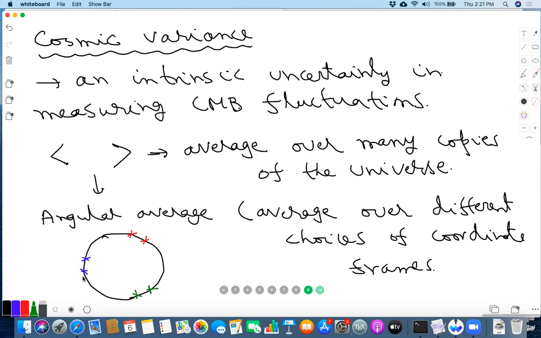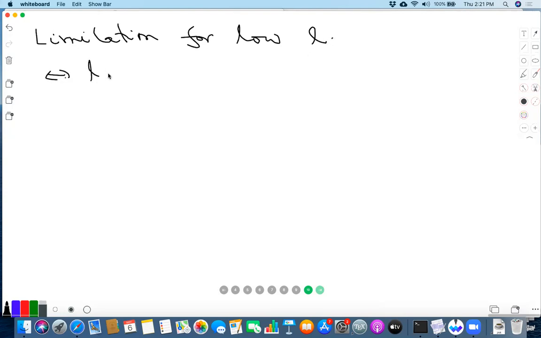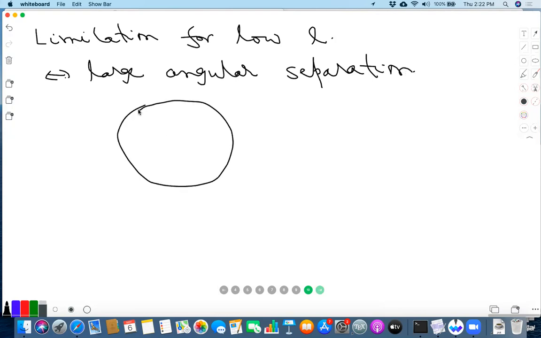But the problem, of course, is that this has its limitation. And the limitation shows up for low L, because low L corresponds to large angular separation, right? We are basically doing averaging over large angles and then calculating the correlation function. So again, if you look at the sky for low L, you have to do averaging like this.